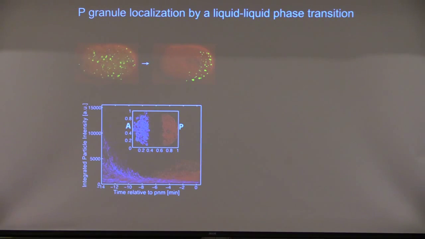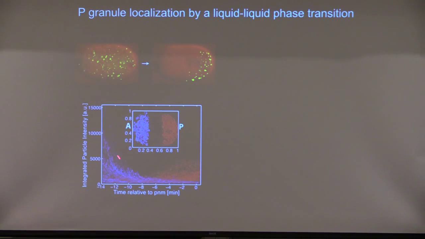But in a series of experiments, what we showed was that these structures are not being translocated to this end of the embryo, as we initially thought. Rather, there's a gradient in the stability of the structures across the anterior to posterior axis. You can see this if I've labeled in blue a P granule that's sitting in the anterior.